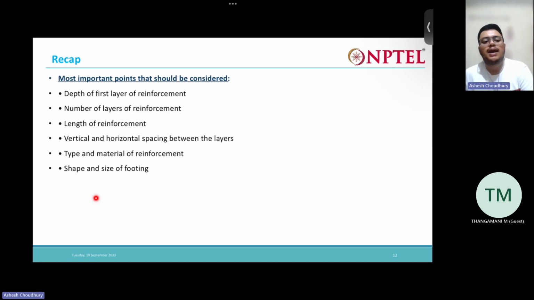Then the optimum length of the reinforcement, the vertical and horizontal spacing between the layers, and the type and material of the reinforcement, whether to choose geotextile, geocell or geogrid, and what material of geogrid. That is up to the designer to choose. Also the shape and size of the system.